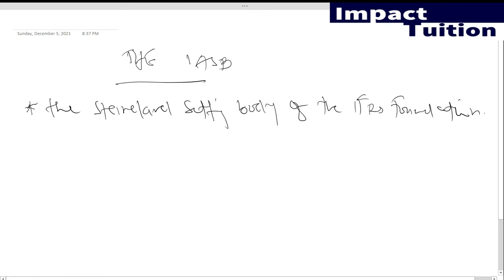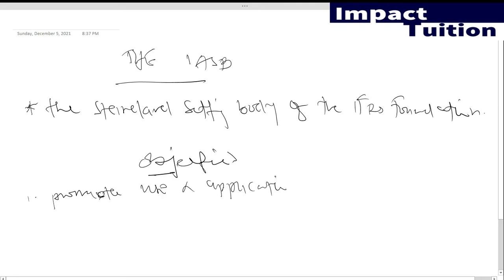What are the objectives of the IASB? The objectives of the IASB are to promote the use and application of the accounting standards.